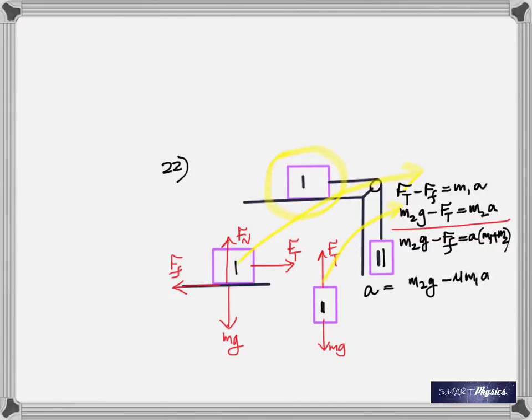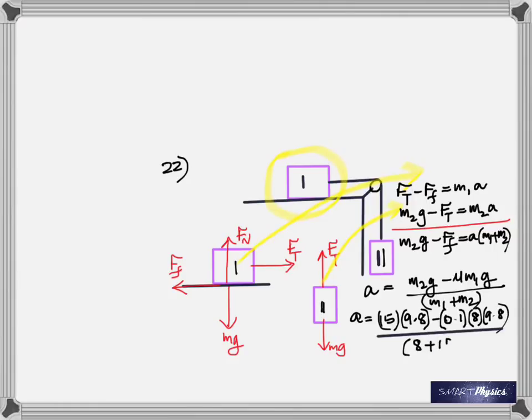So it's m2g, and then I also added the fact that friction is mu times Fn, and Fn is mg. So I have mu times mg divided by m1 plus m2. Therefore, for acceleration, now it's just plugging in the numbers that are given. The masses are given, mu is given, just plug them in and you get the acceleration.